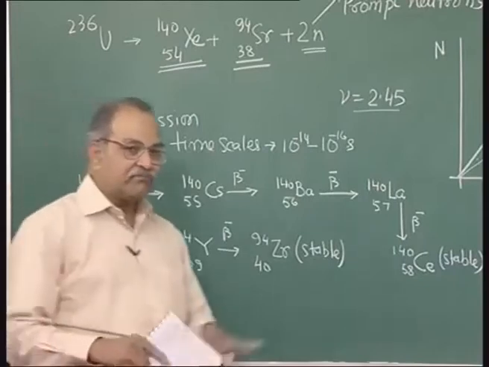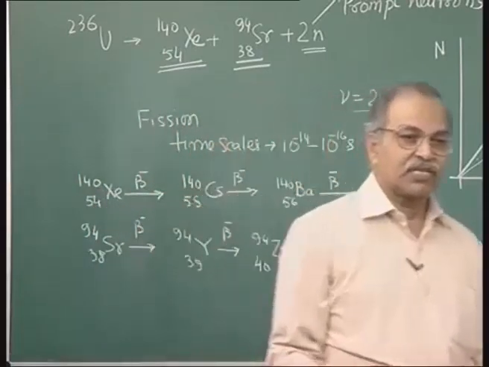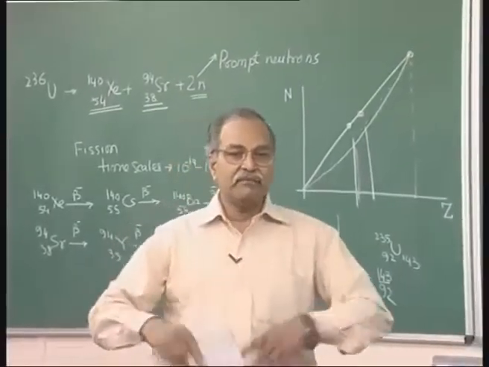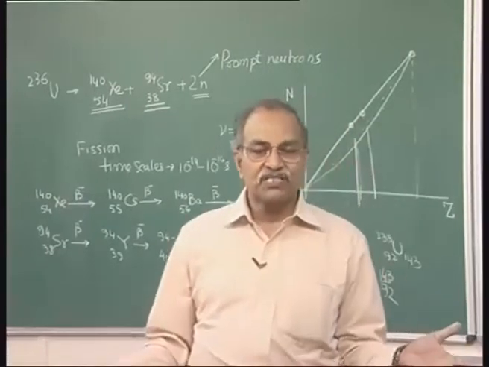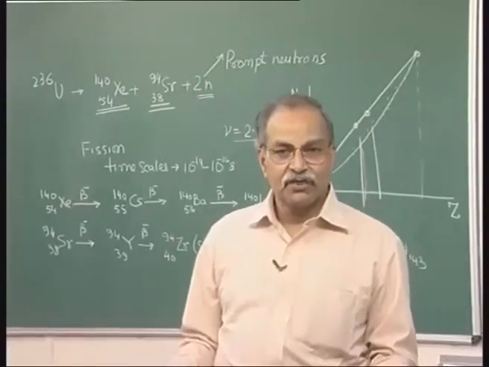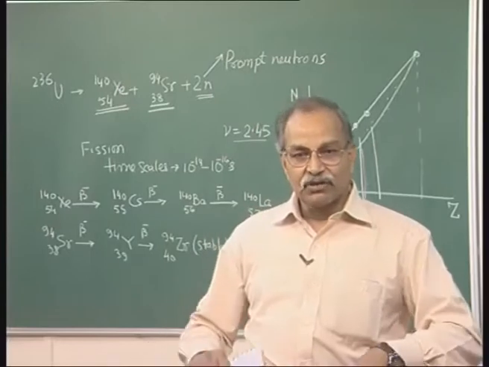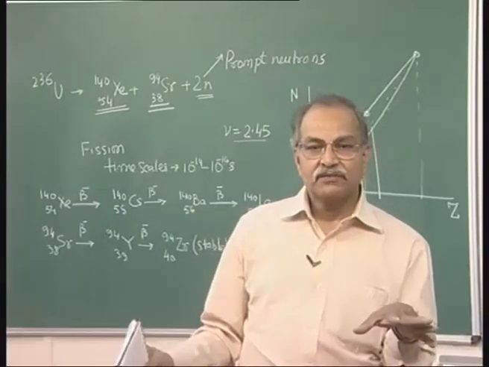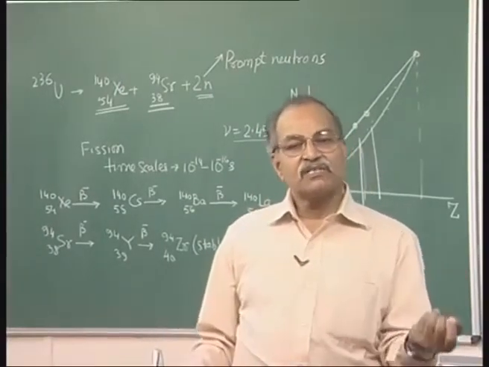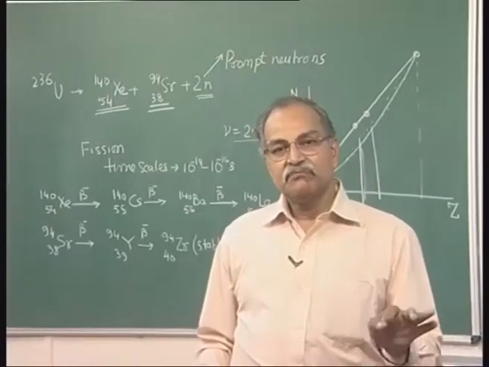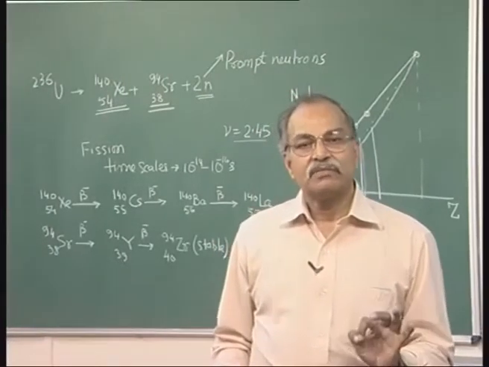So, the fragments in this fission, first they emit a few neutrons to reduce their neutron number and after that neutron emission becomes energetically unfavorable and then neutrons convert into protons emitting beta particles to get to that stability.